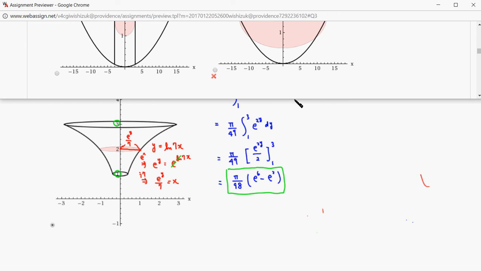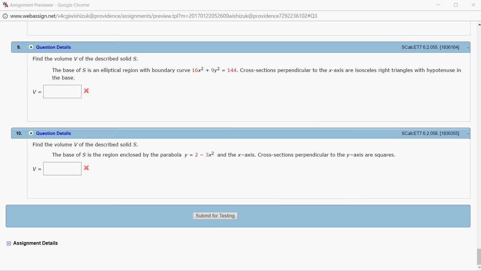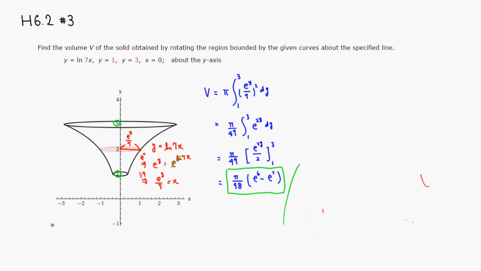Let's double check. Submit for testing. It came back and looks like we got this one correctly. That's it. I hope that this was clear.